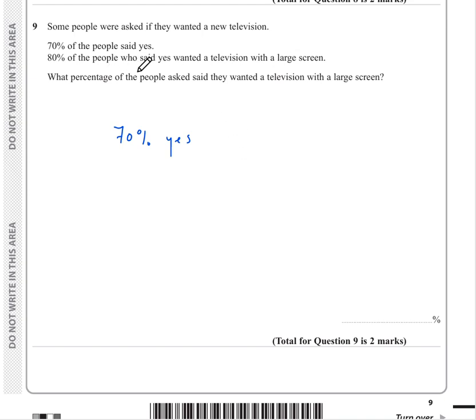So what we want to think about is 80% of that 70%. So 80% as a multiplier, 0.8, times 70%, gives us 56% of the total.